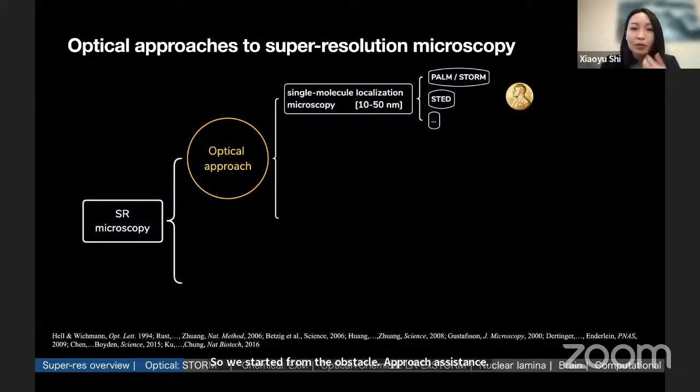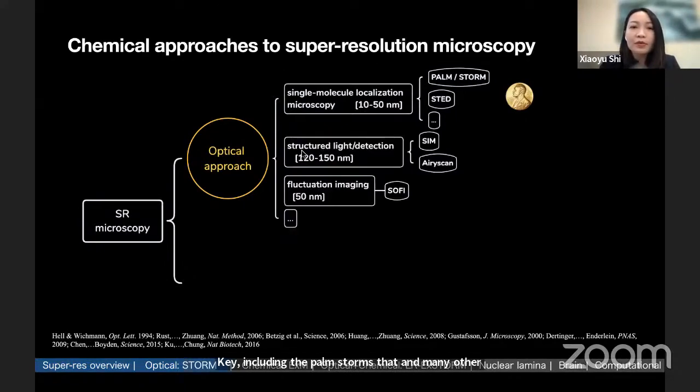One of the most well-known approaches is single molecule localization microscopy, including PALM, STORM, STED, and many other methods. And there are other optical approaches, for example, structured light illumination or detection. SIM, structured illumination microscopy, is a widely used method. For this regime, it gives you slightly worse resolution, about half of the diffraction limit, but the imaging speed is faster than single molecule localization microscopy.